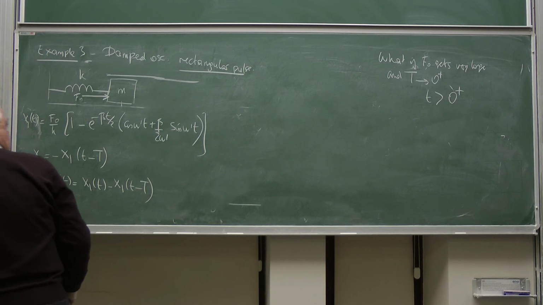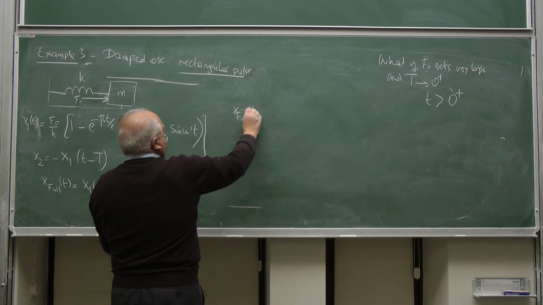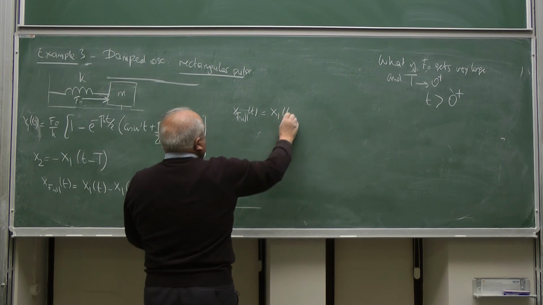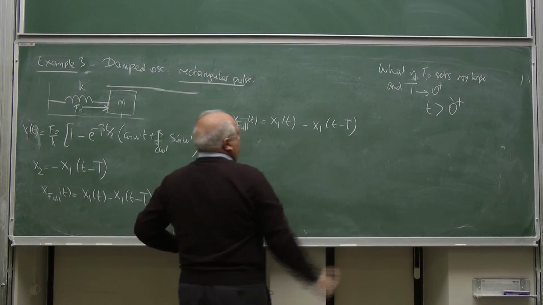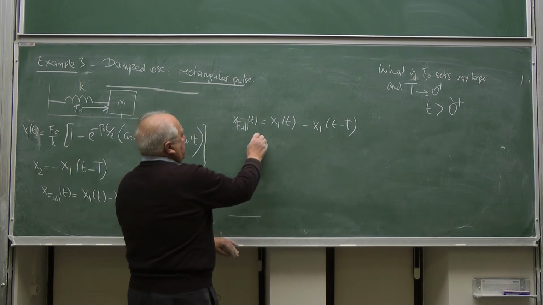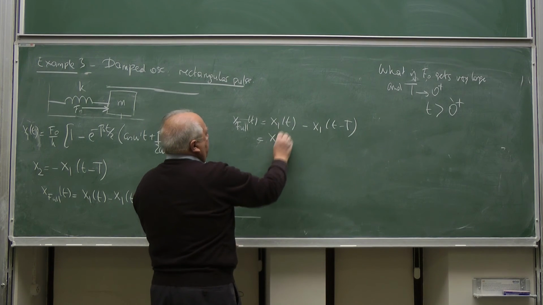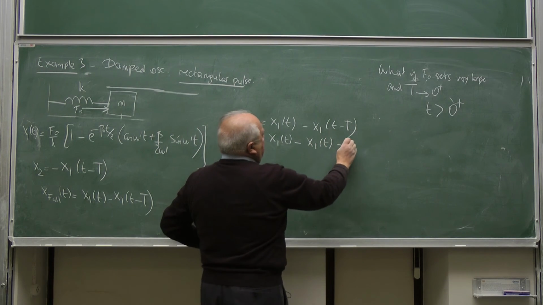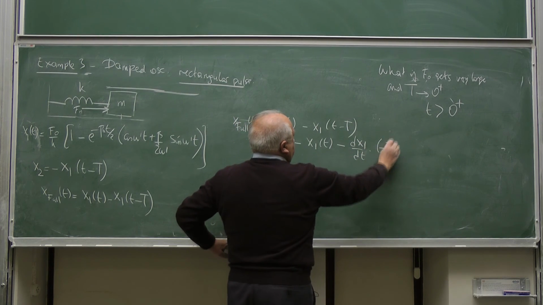So let us look at the full solution. X full of t is equal to x1(t) minus x1(t minus t0). Well, this is exact. To approximate, we expand this in the Taylor expansion. So it is x1 of t minus x1 of t minus dx1/dt times minus t0.